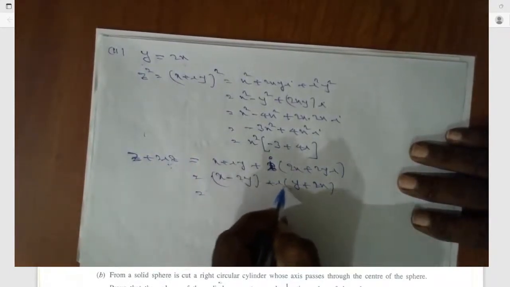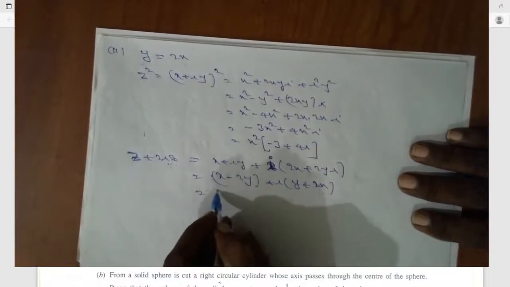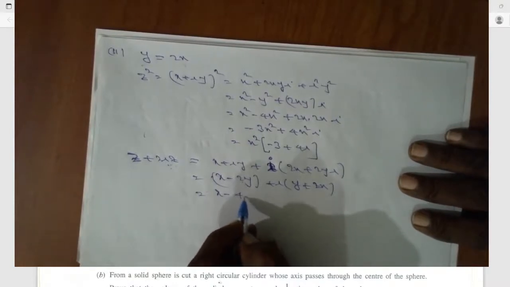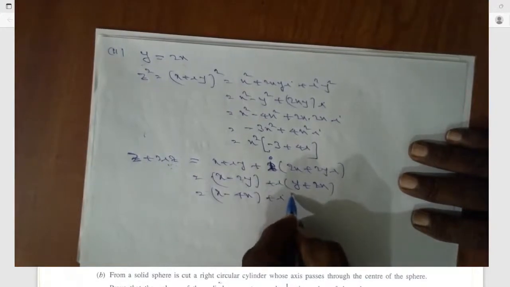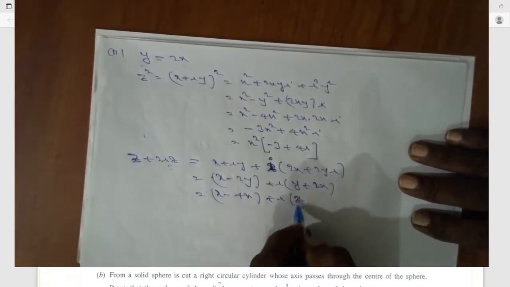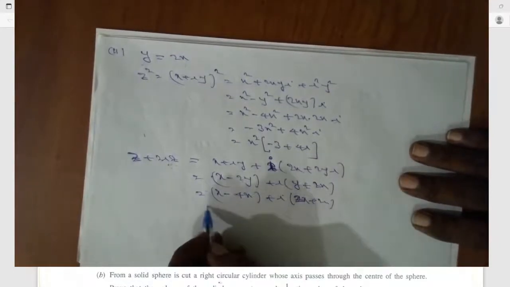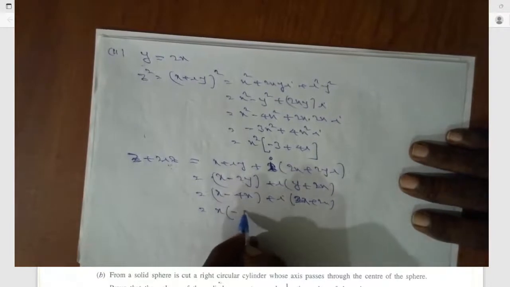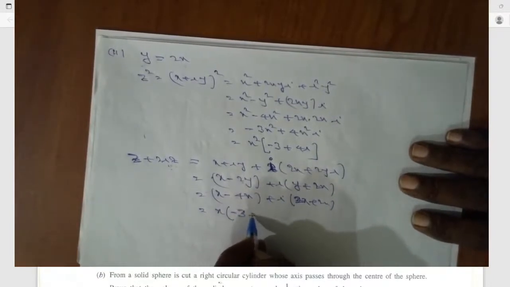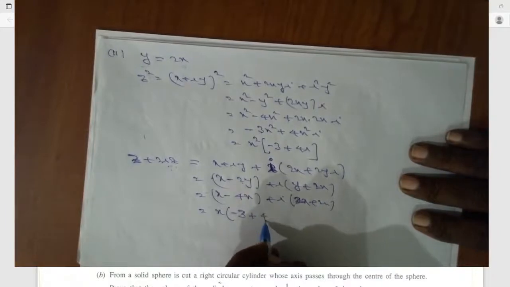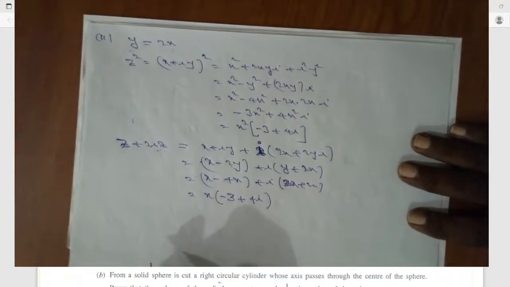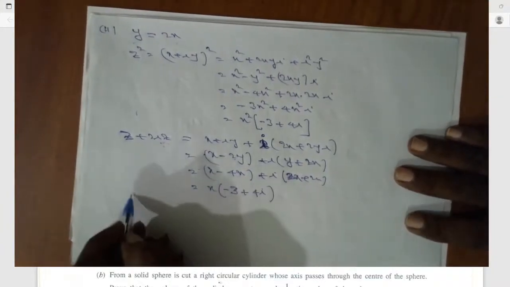x minus 2y plus i times (y plus 2x). If you substitute y equals 2x, you get x times minus 3 plus 4i.